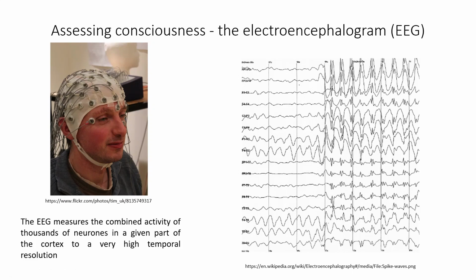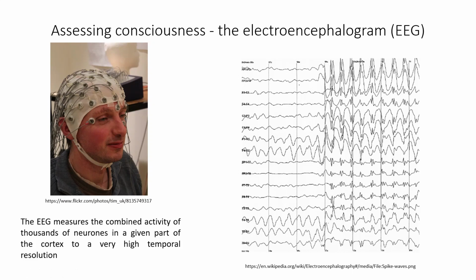Now, the EEG is an excellent way of assessing consciousness, and it is used, for example, clinically in the intensive care setting. It has very good temporal resolution, so it's able to see electrical changes in the brain on a millisecond timescale.